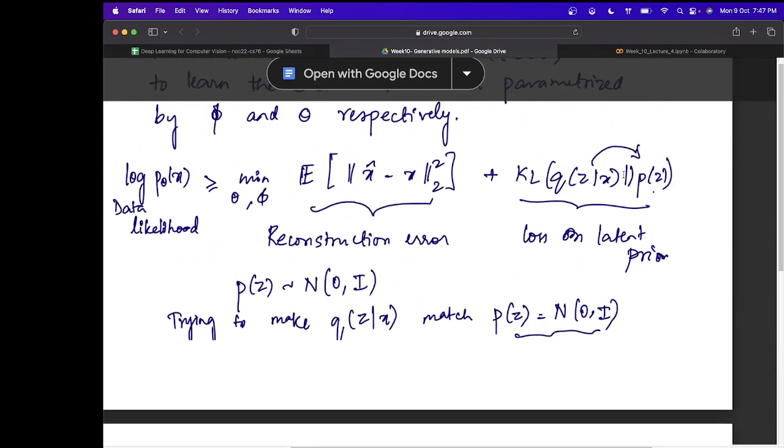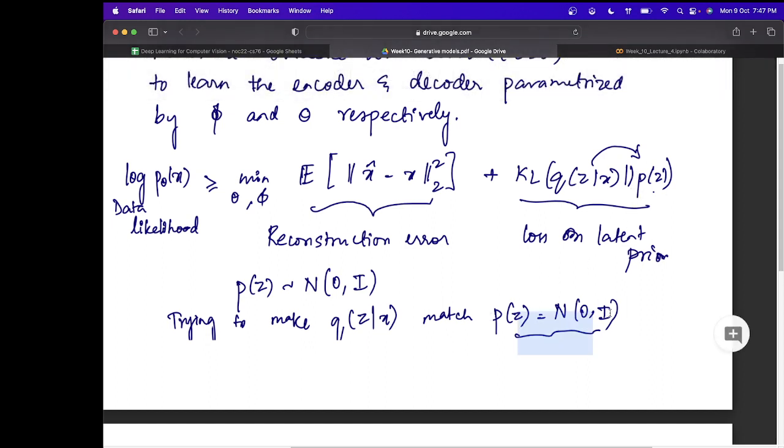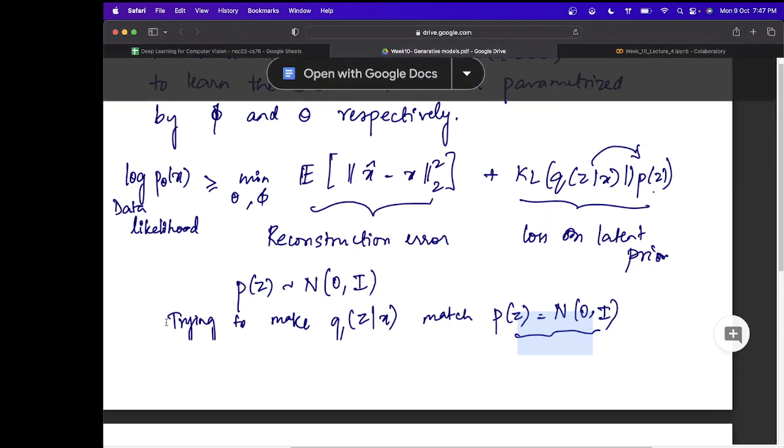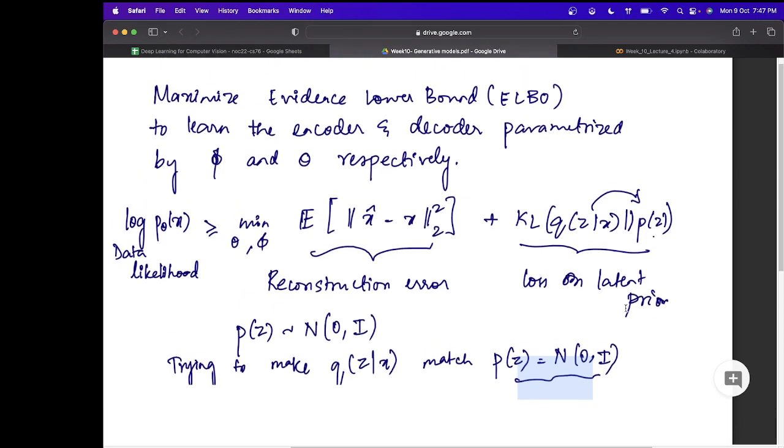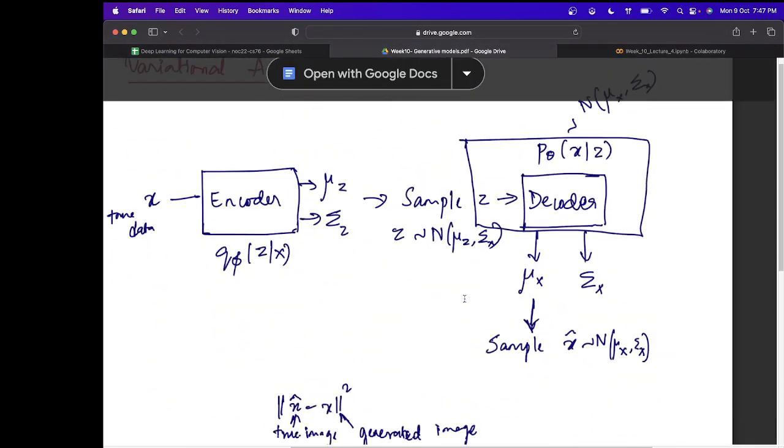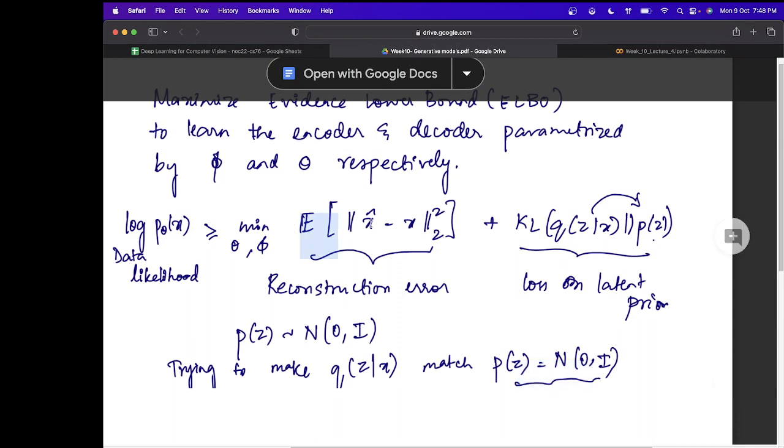Hence, KL of Q of Z given X with respect to P of Z, where P of Z is given by this unit Gaussian. So what we are trying to do is make the Q of Z given X, which we are actually using to predict the Z, as close to the zero, I Gaussian as possible. So these are the two loss functions that we have.